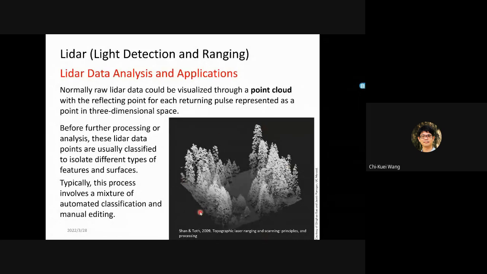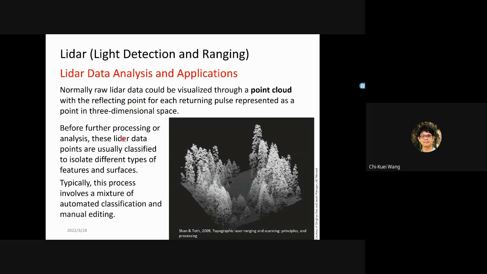It's like a point cloud, and they have intensity, because it's being reflected from the leaf, from the branch, or from the building, from the road, or from the ground. So it has a reflectance value. Usually in LiDAR, we call it intensity. And that's in three dimensions.